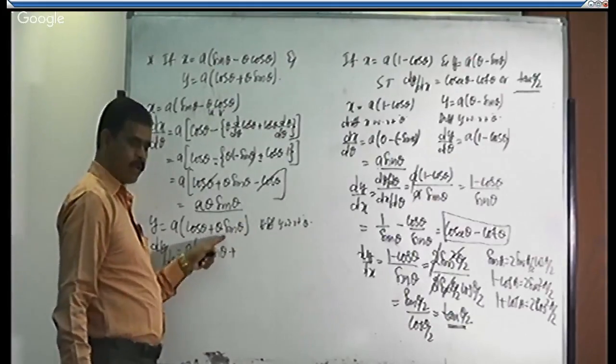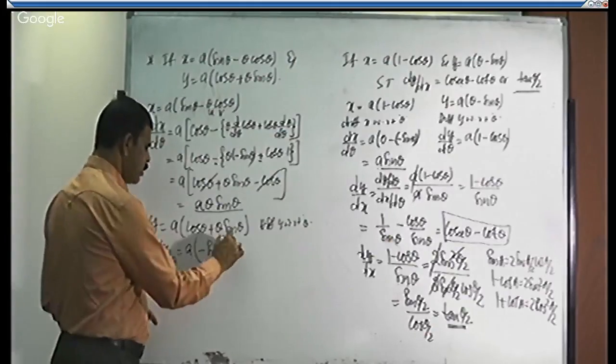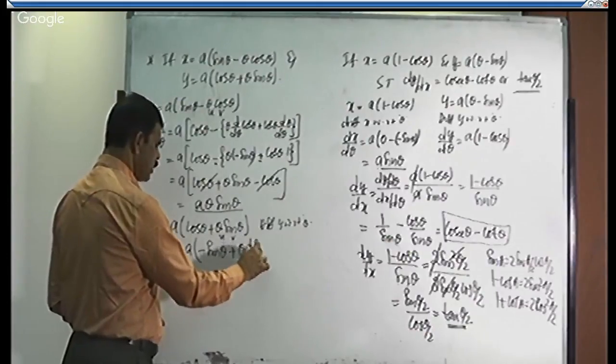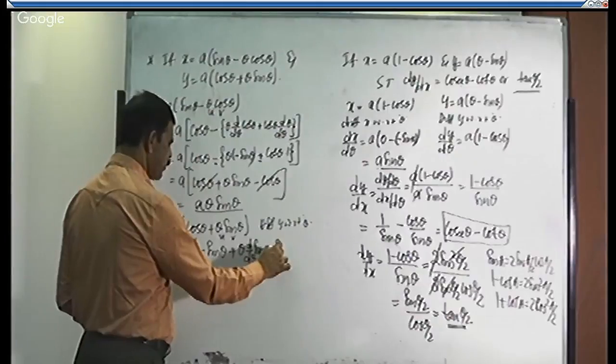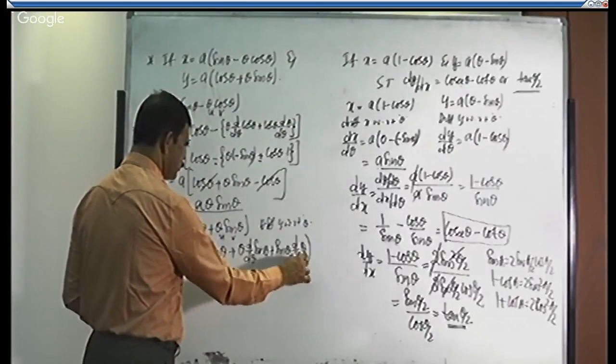How to differentiate this theta into sin theta? We have to go for the product rule, correct? U into v: theta into d by d theta of sin theta plus sin theta into d by d theta of theta.